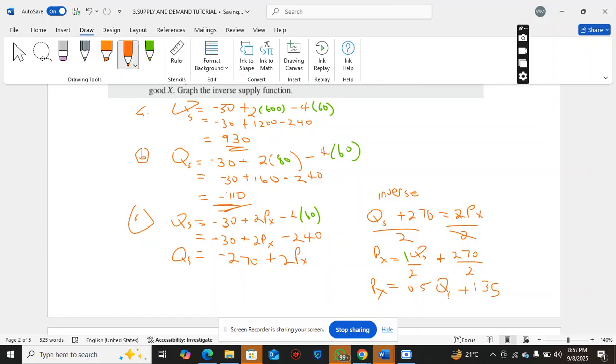So when it comes to graphing, because I've got another class coming up, you just start substituting. If Qs equals 0, find the value of Px. You just pick values of Qs. Just for a small illustration, here we have Px and you have Qs.